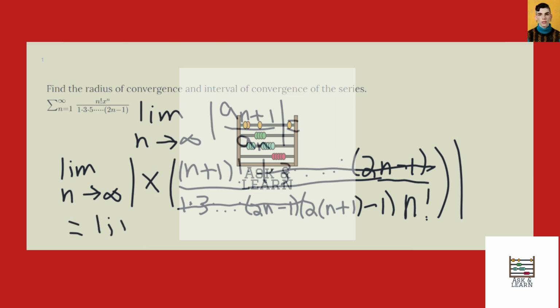So this is going to be simplified to limit as n goes to infinity, x times n plus 1. Nothing's going to cancel out with the n plus 1 here, and nothing will cancel out with this 2 times n plus 1 minus 1, so that's still going to be there.